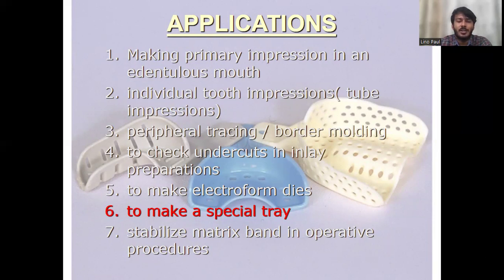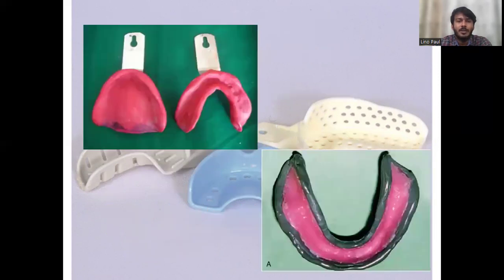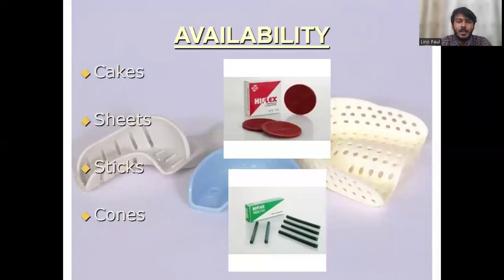This special tray is basically for the type 2 or the tray material. It just acts like a supporting material for the tray. That's all. So these are the primary impression, and the second picture is of the low fusing one, which is the border molded one, that is a green stick compound. It's available as cakes, sheets, sticks, or cones.